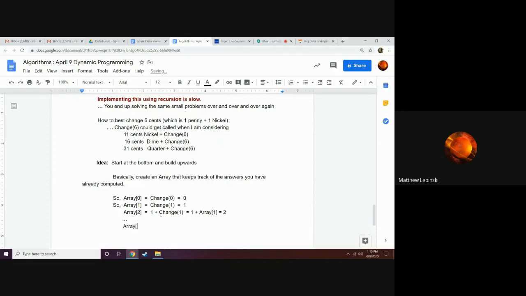If we look at, say, array 28, it's going to be the minimum of 1 plus array 27.